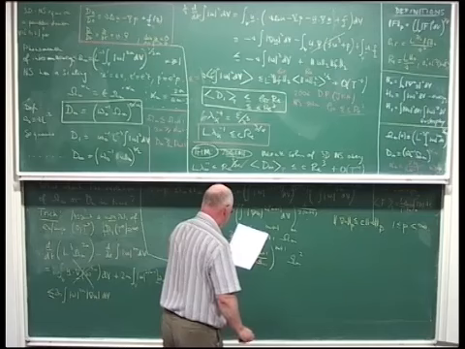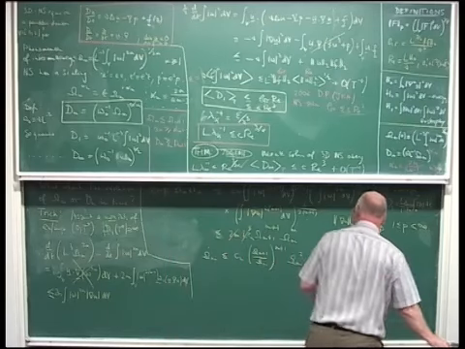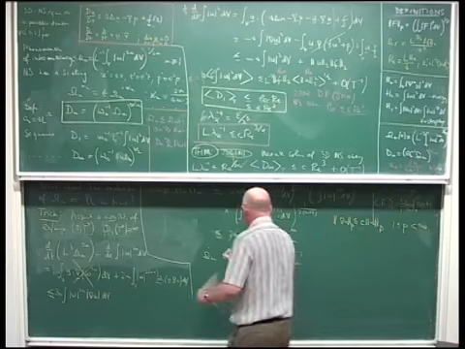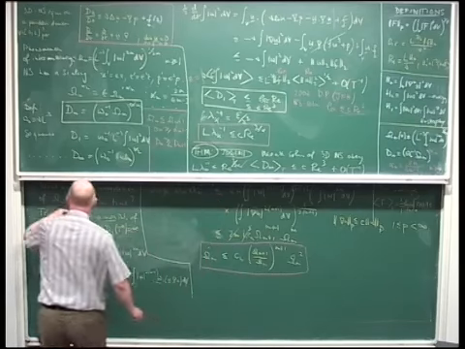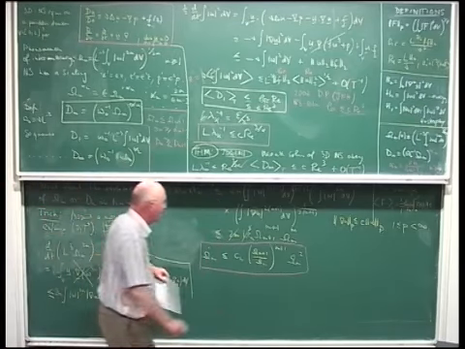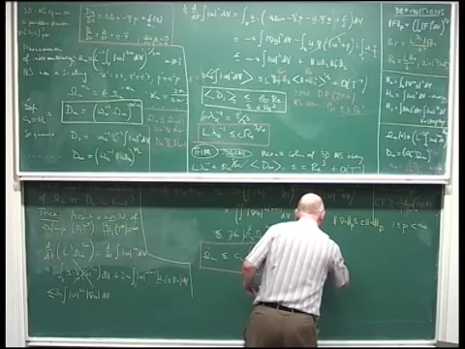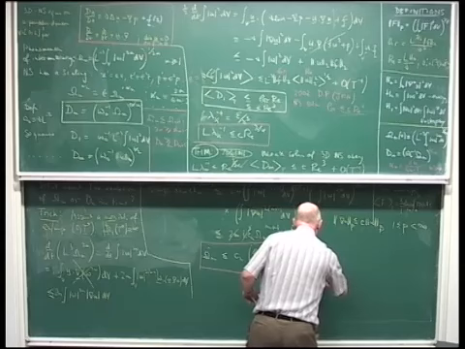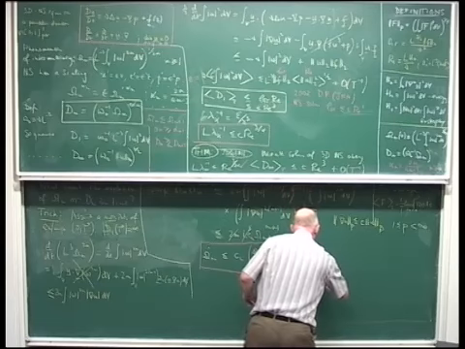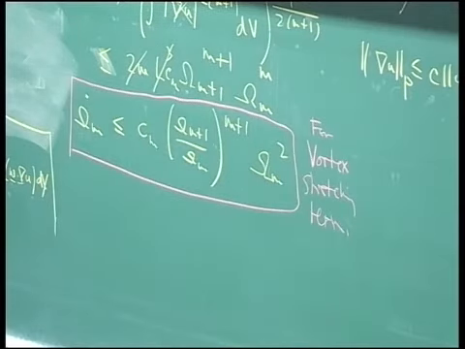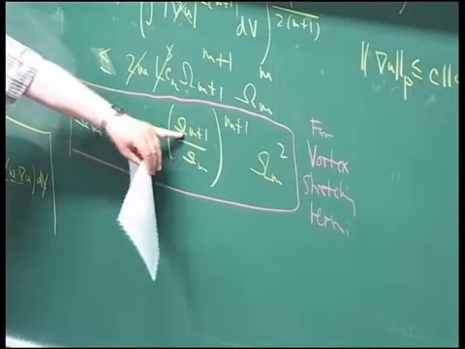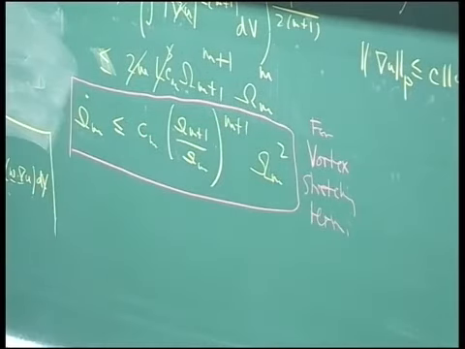Right. And so what do I have? Now this is just for the vortex stretching term. I haven't put the Laplacian in yet, but it's looking promising in the sense that I've now got ratios of these things acting against one another.